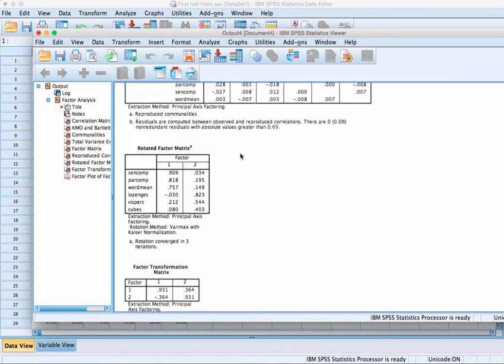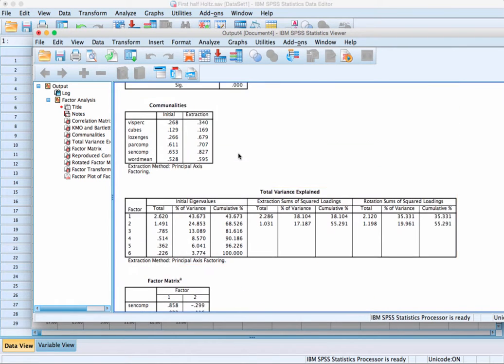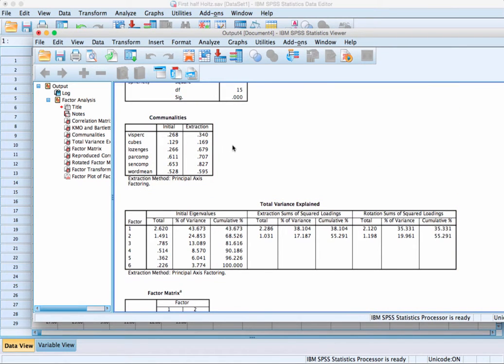Cubes, it's going to give me about 16.9 or about 17%. That two-factor model is going to explain about 17% of cubes. So you can see that relationship. It'd be nicer if these matrices or these tables were a little closer together.